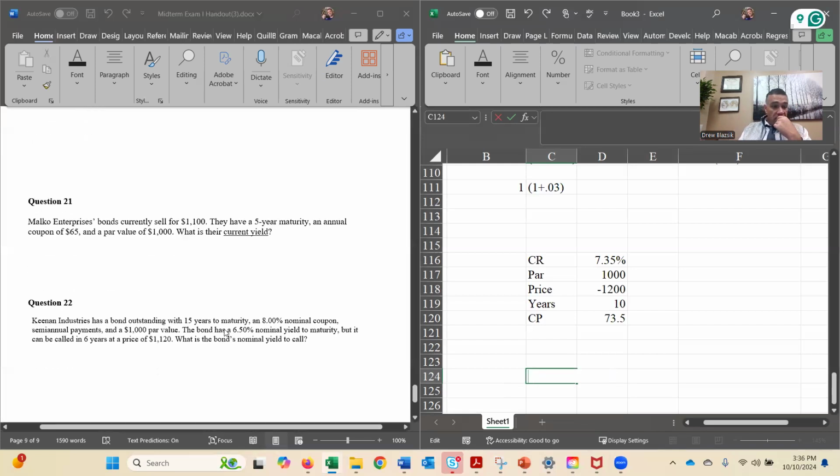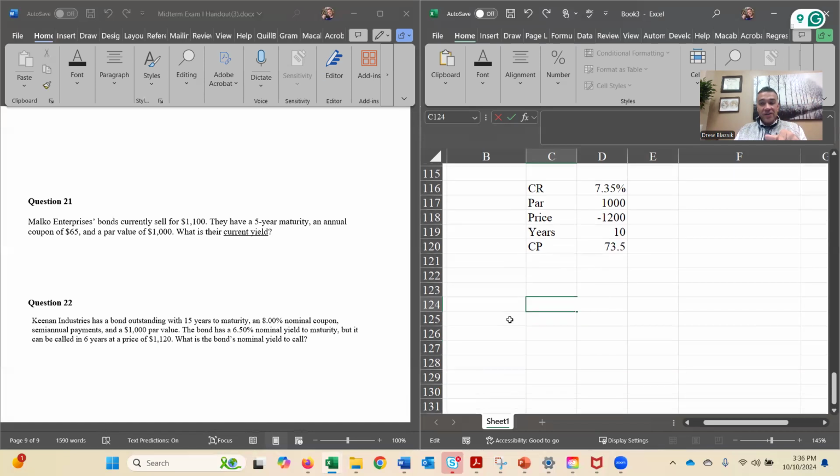2 more questions. Bonds currently sell for 1,100. That's the price, present value. They have a 5-year to maturity. An annual coupon, that's one-time compounds, of $65. Par value of 1,000. What is the current yield? Tricky question here. Not the yield to maturity.